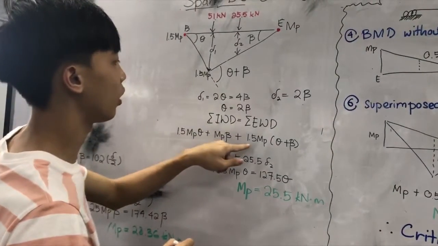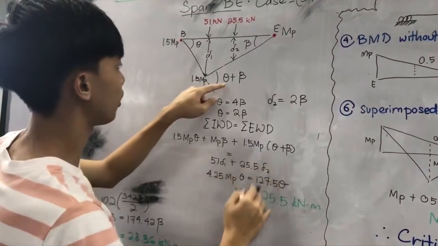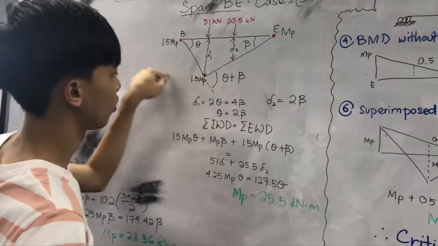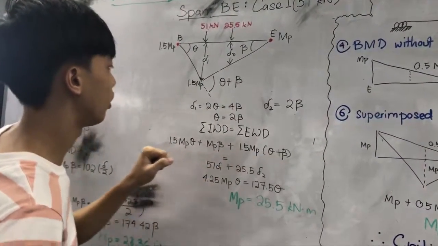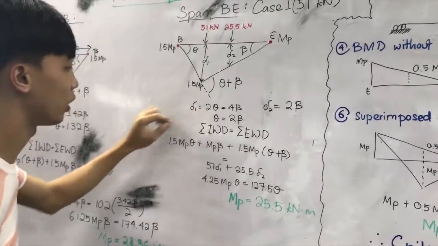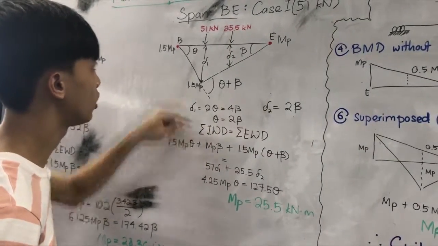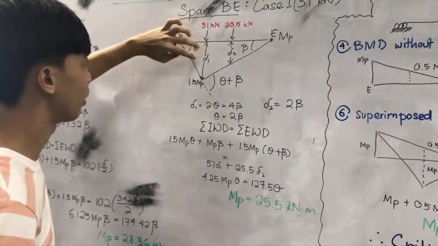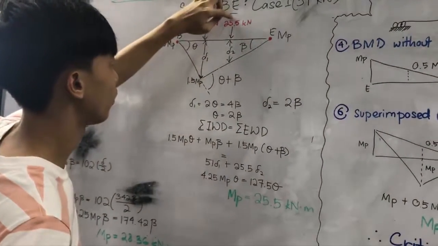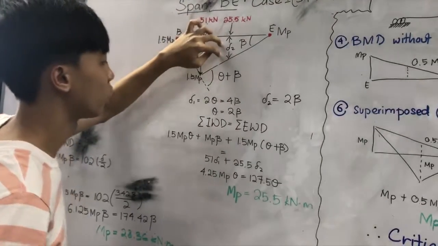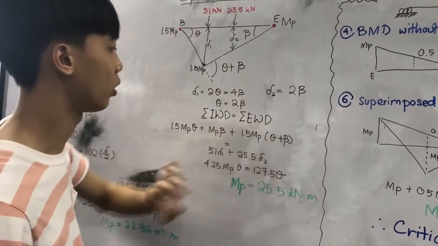And then the last thing you have to add is 1.5 beta mp times by theta plus beta, which is here. So again, this is the internal work done. So it is equal to external work done, in which 51 is times by delta 1 plus by 25.5 here, the force, times by delta 2. So this part is the overall equation.